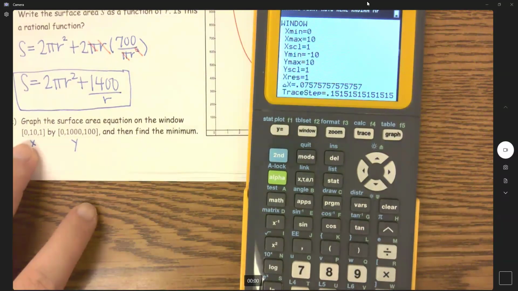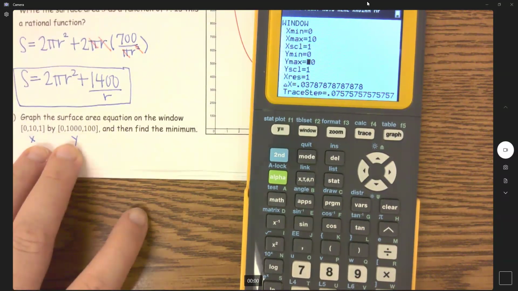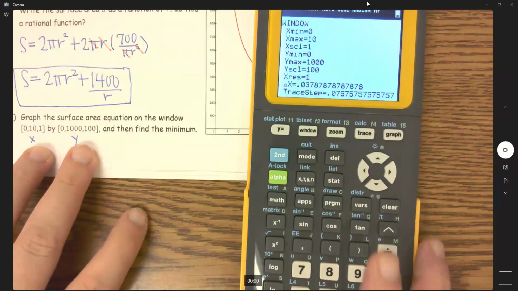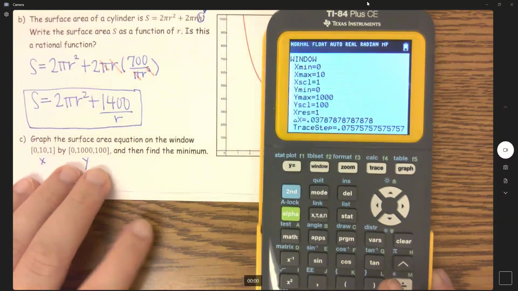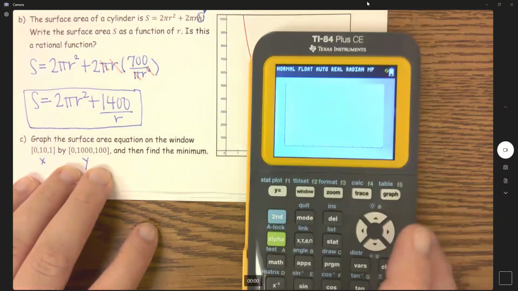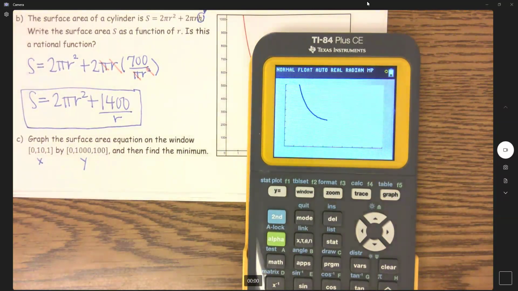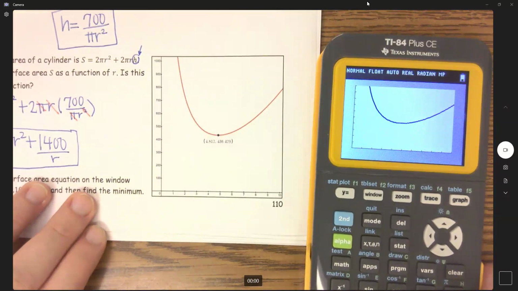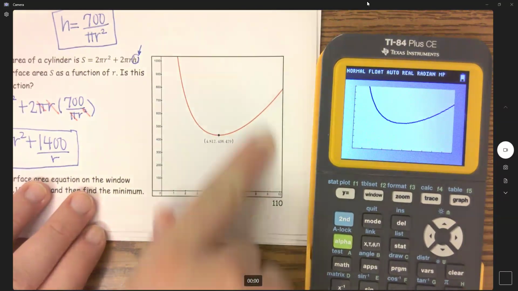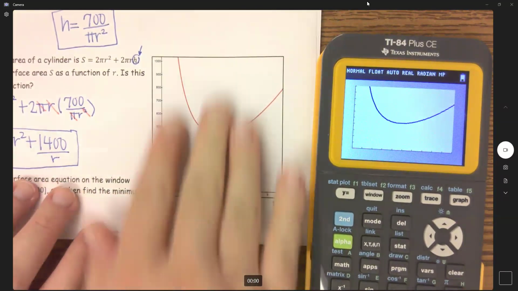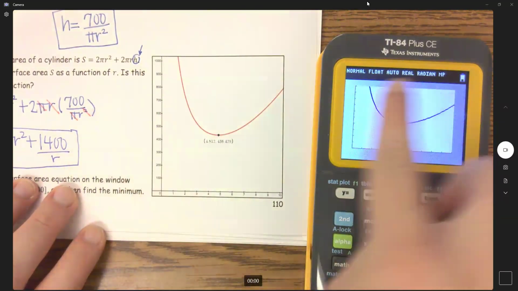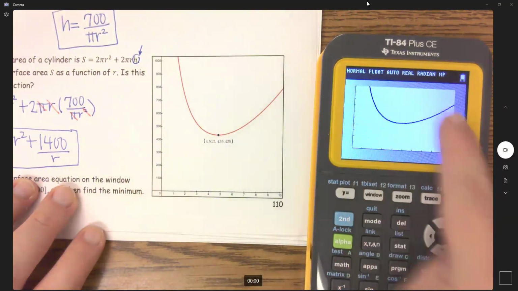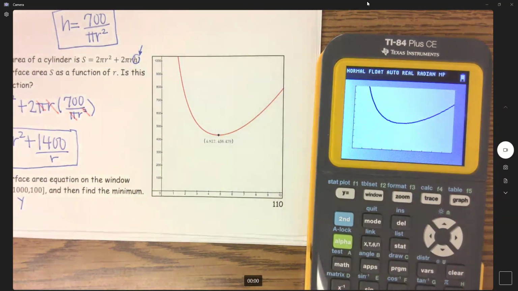We're going 0 to 10 with a scale of 1, and 0 to 1,000 with a scale of 100. So match this information right here, and now I'll hit graph. And now we have that shape. It looks a little different since ours is more rectangular, kind of going side to side, but same thing.